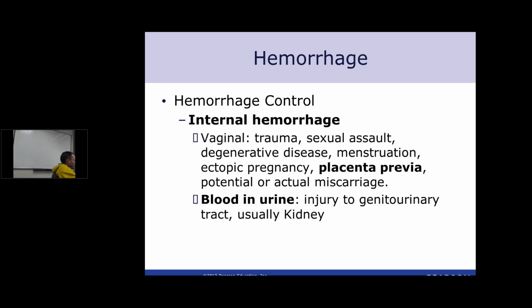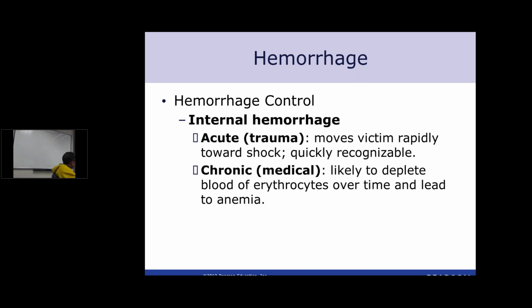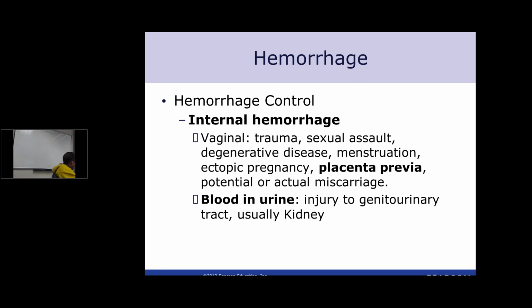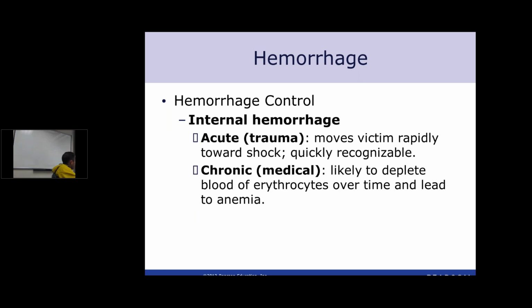So if they have any kind of intercourse that disrupts the cervix, or if they go into preterm labor and the cervix changes, they can really bleed out because it disrupts the placenta before that baby's ever ready to come, right? Generally, you are not going to bleed out through your urinary system. Maybe over a long period of time if the patient was on blood thinners and you just let it go, but that would never happen in a pre-hospital setting.